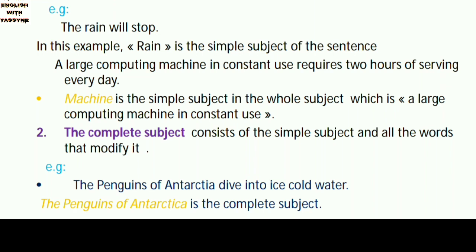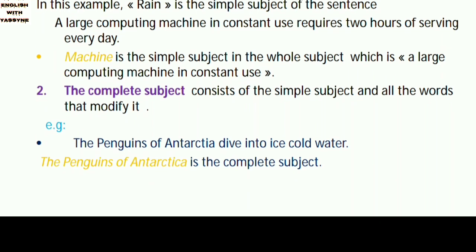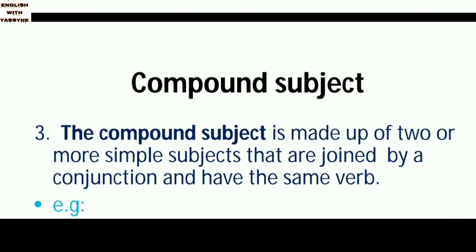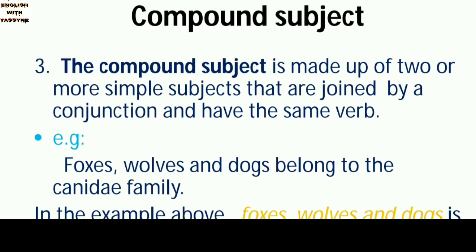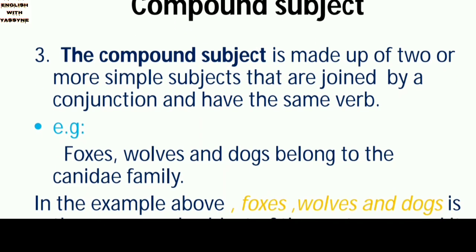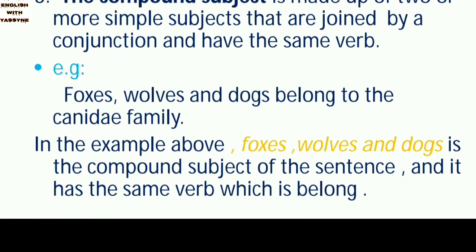Another example is here. Let's move on to what we mean by a compound subject. The compound subject is made up of two or more simple subjects that are joined by a conjunction and have the same verb. For example, foxes, wolves, and dogs belong to the Canidae family. We have foxes, wolves, and dogs.